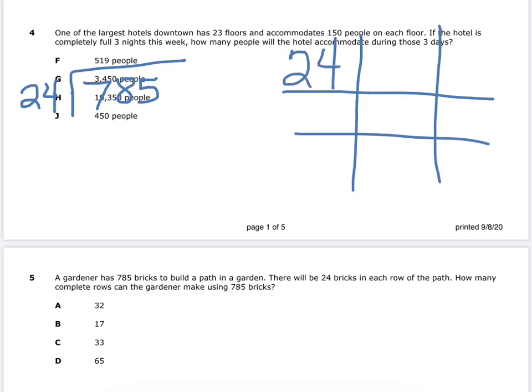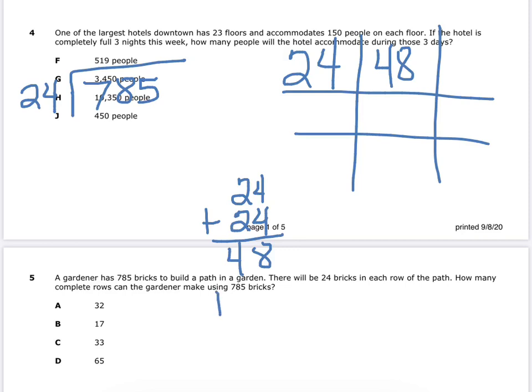We don't know the multiples of 24. Okay, so we're going to take the easy way to just break it down for us. So we're going to just add 24 plus 24. 4 plus 4 is 8. 2 plus 2 is 4. So that means 24 times 2 is 48. Now I'm going to add another 24.